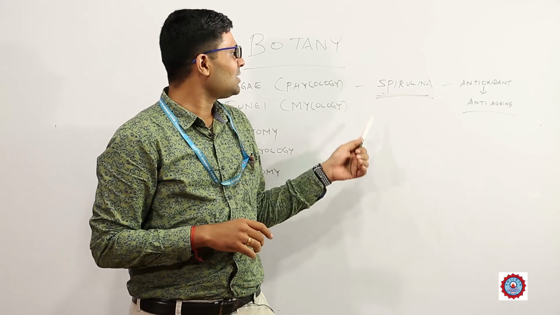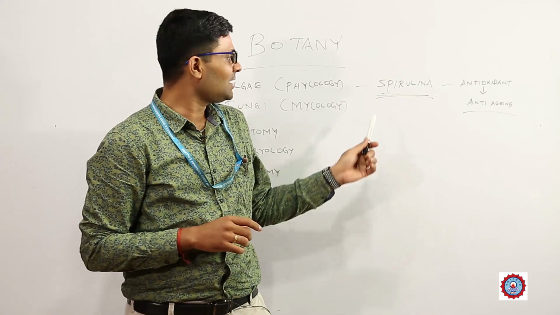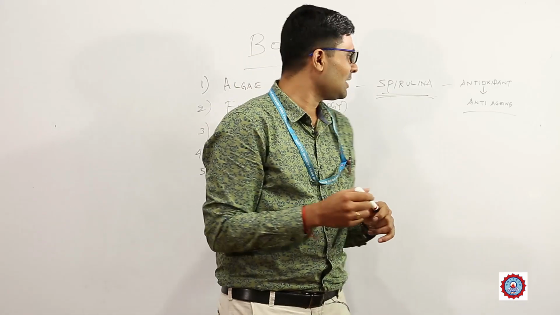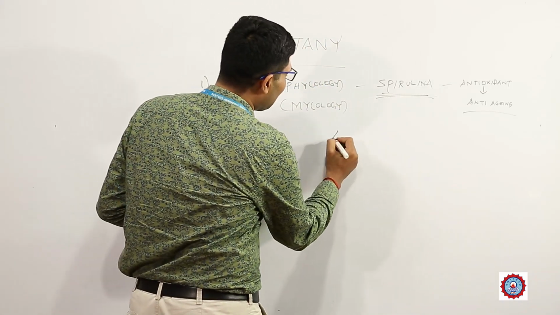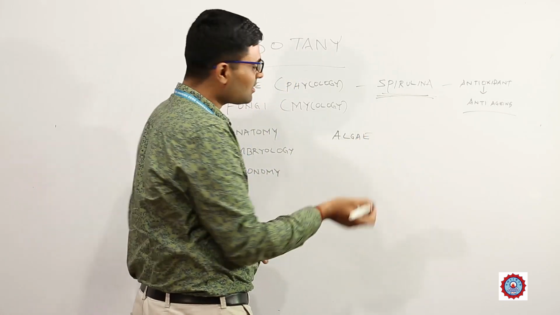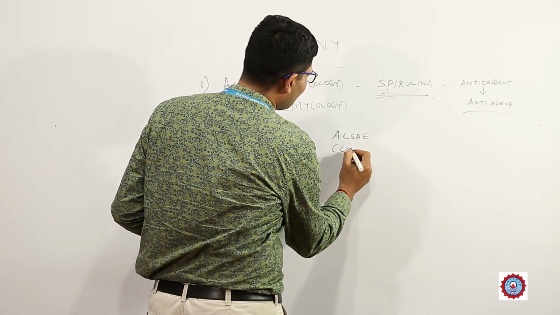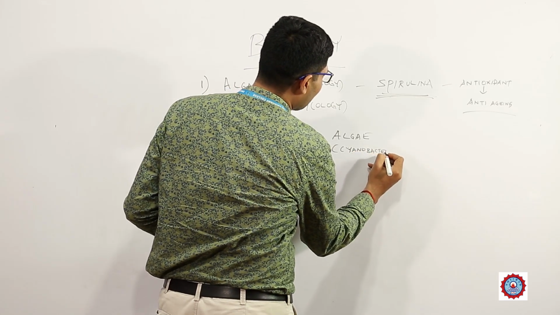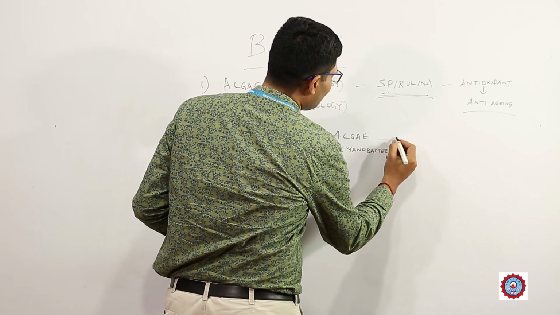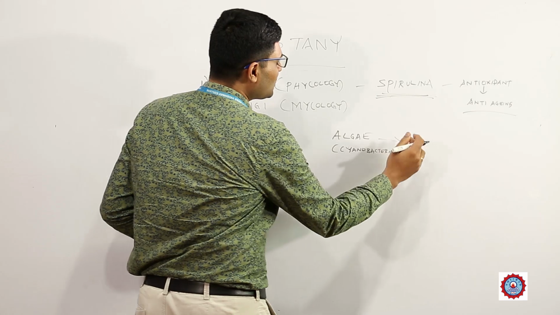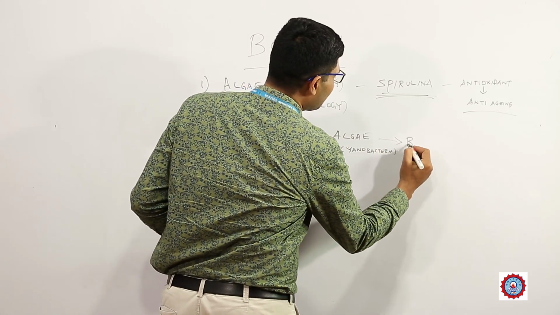Why are we taking algae? Algae is the starting plant. When we see the evolution of plants, right from the algae, the first formed plant was algae, or in other words, cyanobacteria, right? Cyanobacteria. From this algae, next there was a shift. It was known as bryophytes.